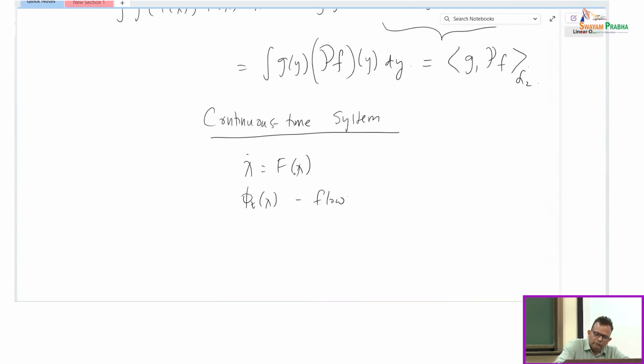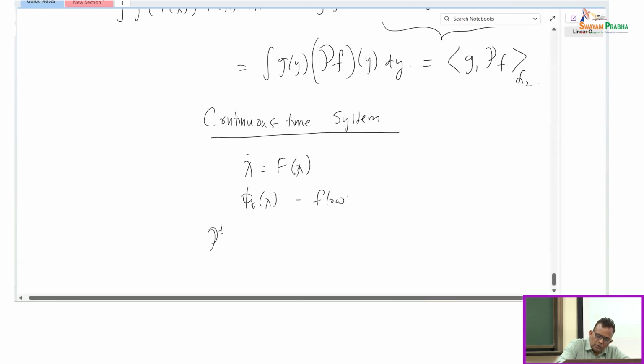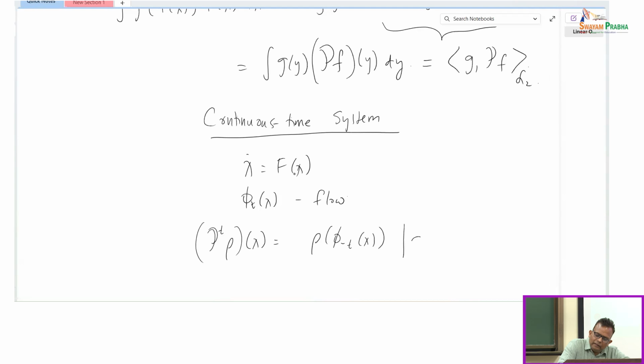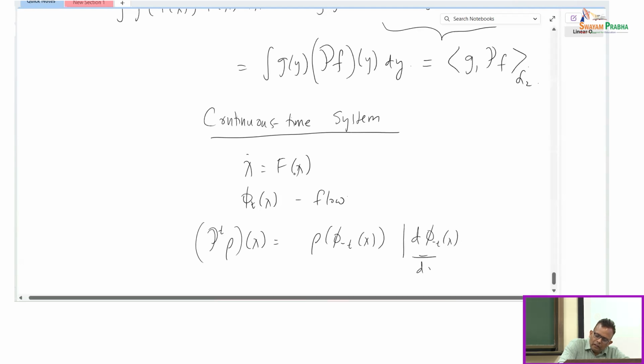And then we can now define P superscript t acting on rho of x as rho of phi minus t of x, times the determinant of the derivative of phi minus t of x with respect to x. Okay.